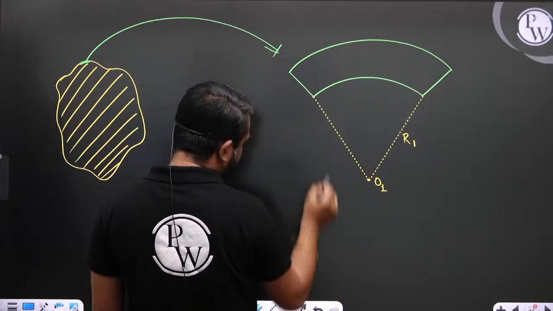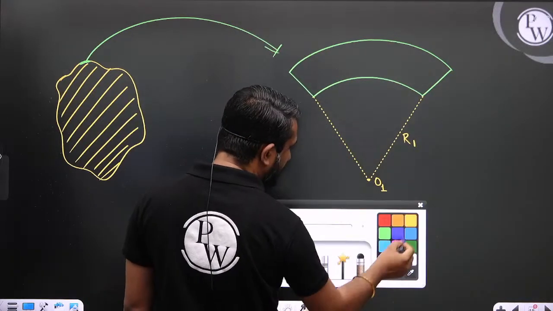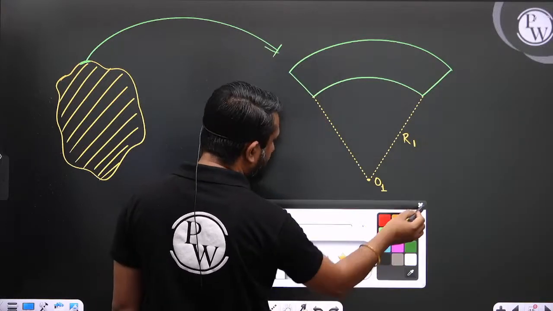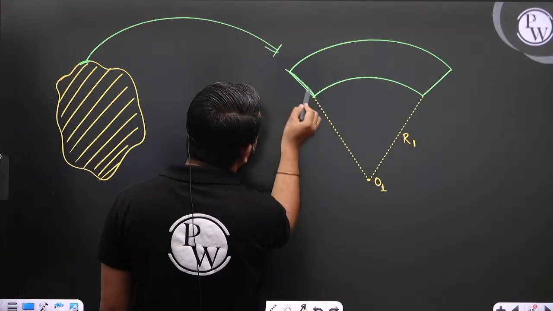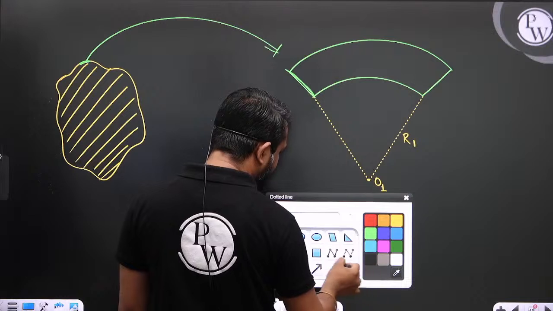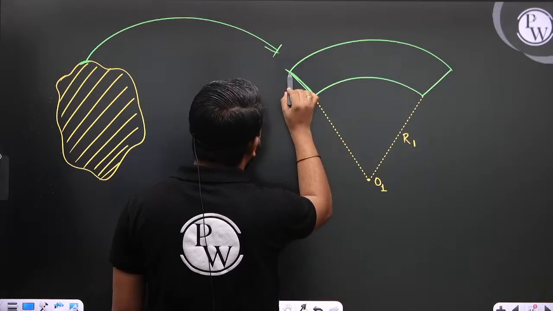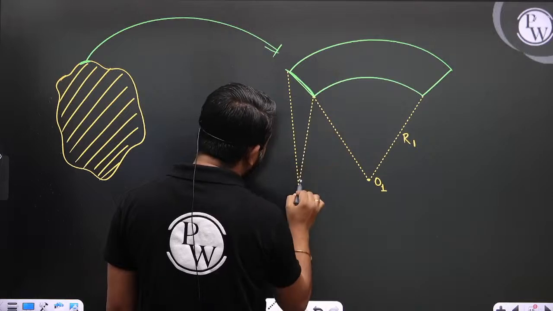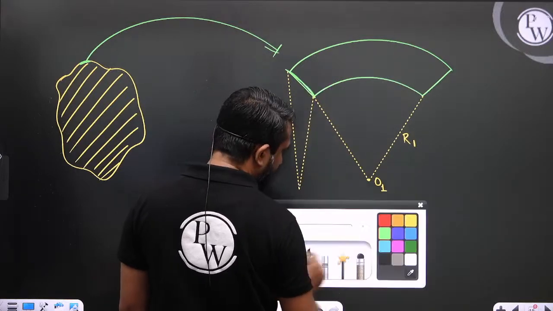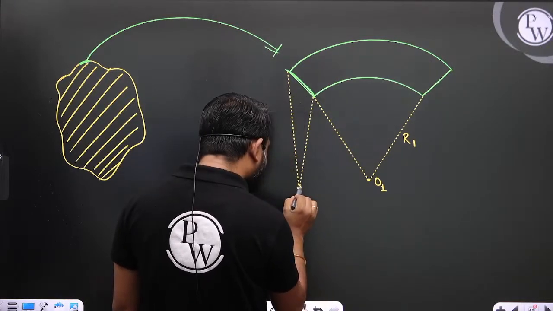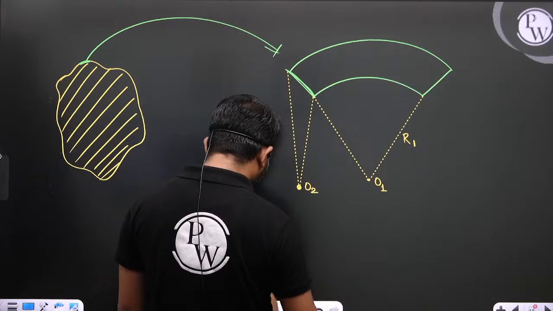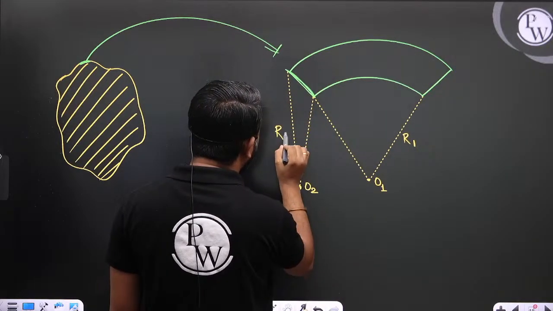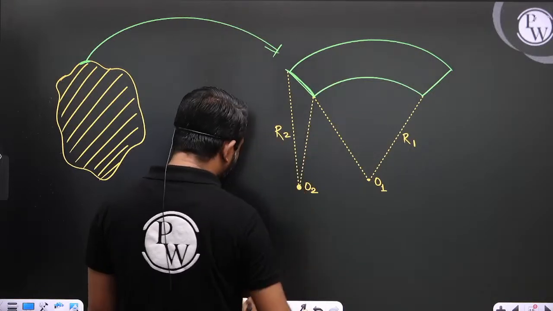And for this one, let us consider this is the radius of curvature, and this is the center. Let us consider this is the O2. So this is R1, and this is R2.